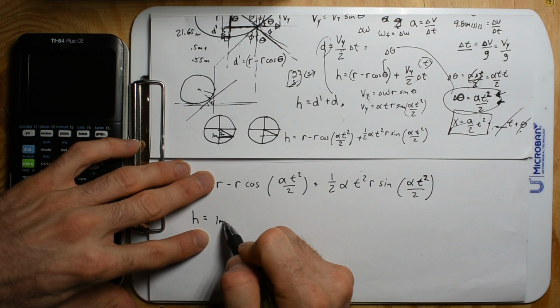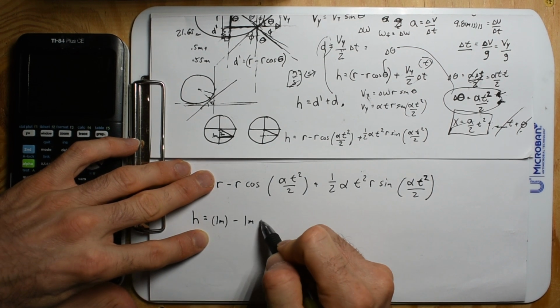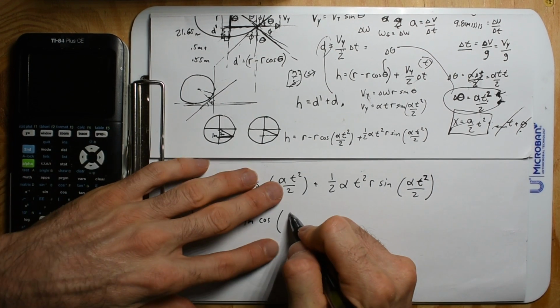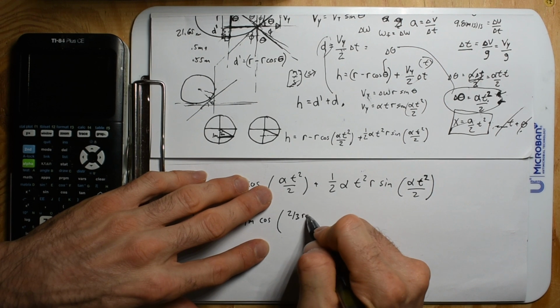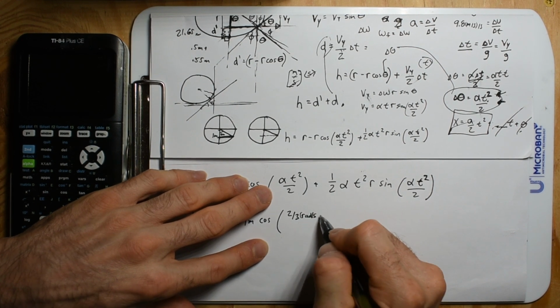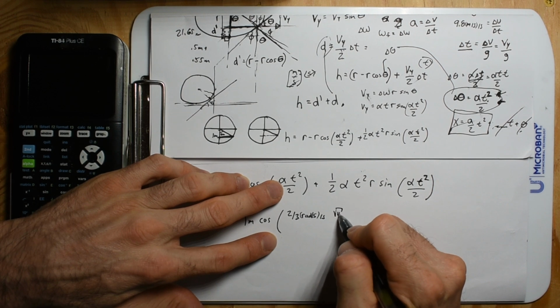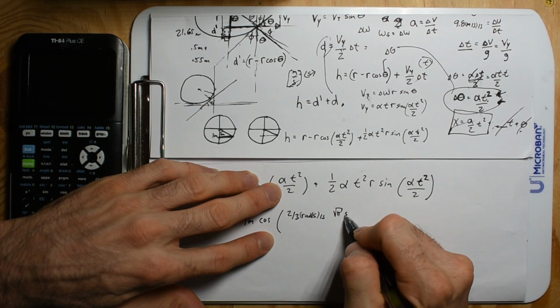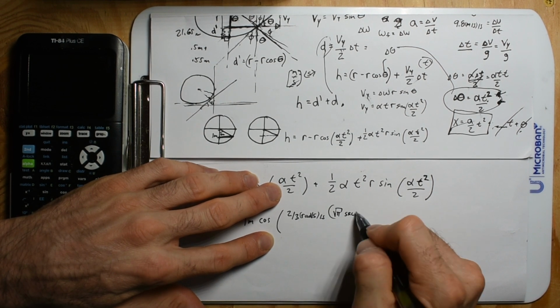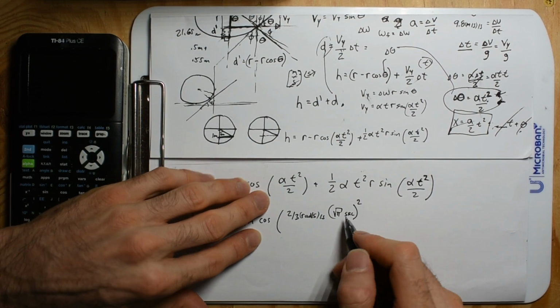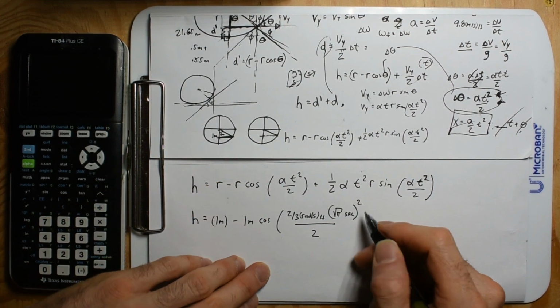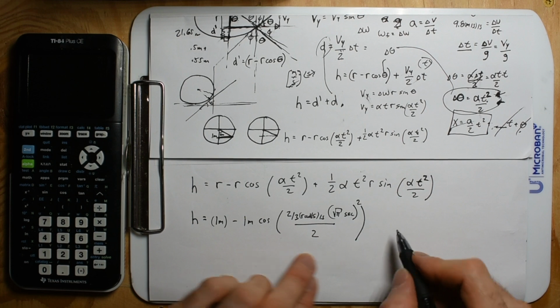But we got 1 meter minus 1 meter cosine. Alpha is 2/3 radians per second squared, and then time is the square root of pi seconds. But we're squaring that, so we get seconds squared divided by 2, and that is in the cosine.